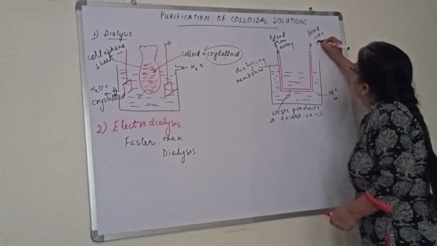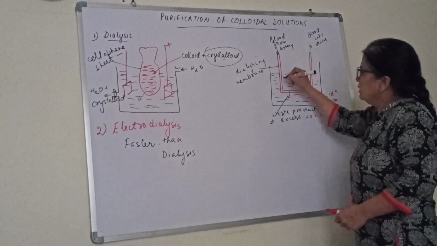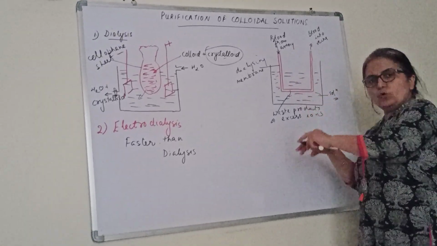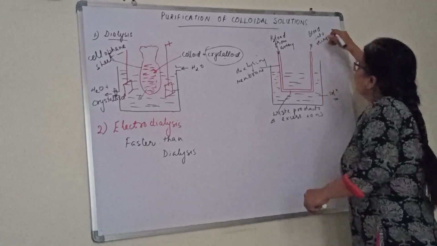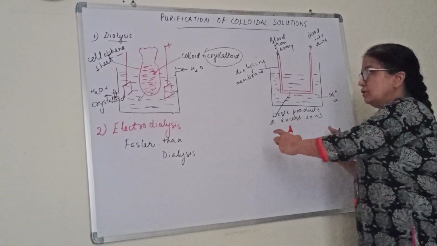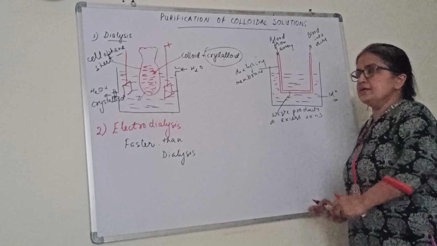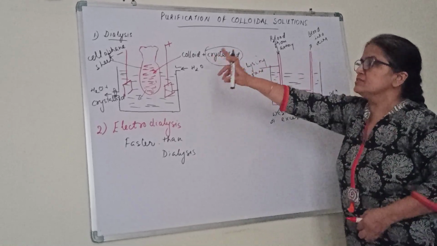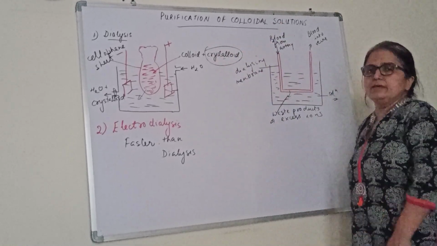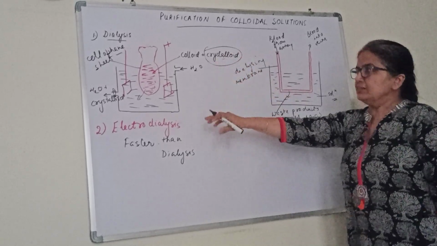From the artery it goes here, is purified, and is then sent into the vein. So the artificial kidney is purifying the blood. The dialysis technique can be used even there. Okay, this is one method.